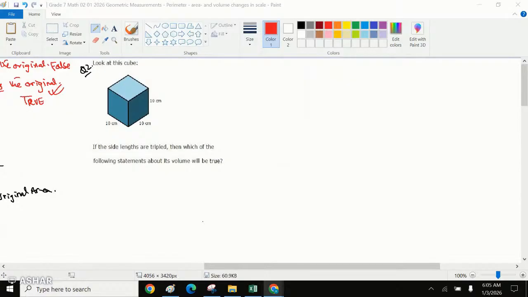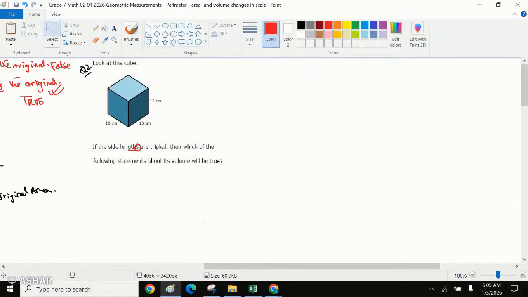Okay, since it has a plural over here, side lengths, that means in the new shape, all the 3 sides will become thrice. All 3 sides are changing in the new shape, right?